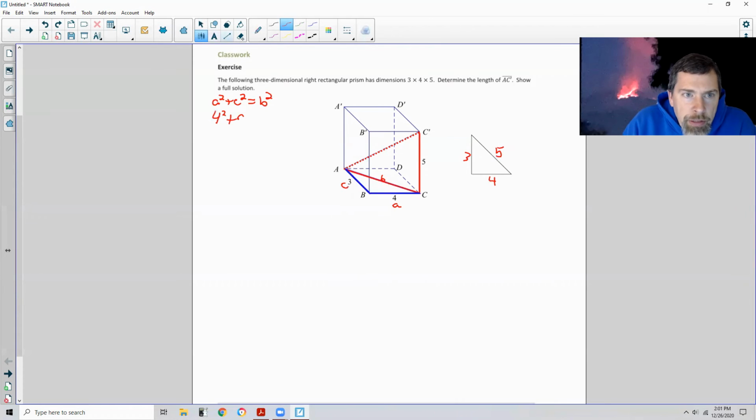C we know. C is 3. So 4 squared is 16, and 3 squared is 9, equals B squared. 16 plus 9 is 25. That equals B squared. And then to get B, we take the square root of both sides, and that will leave us with B equal to 5.